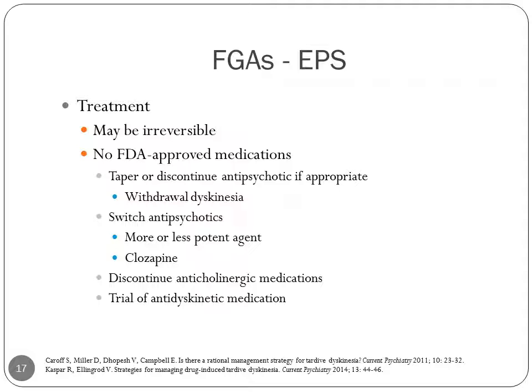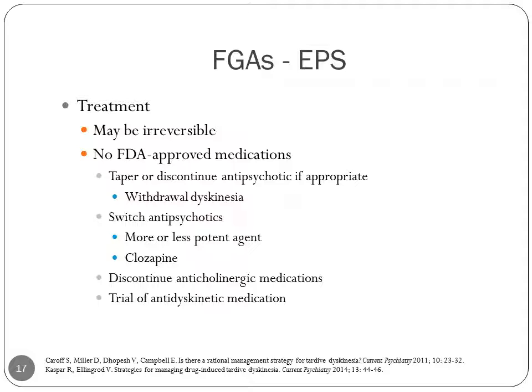We can switch antipsychotics to a more or less potent agent. More potent antipsychotics like haloperidol can suppress tardive dyskinesia in patients with severe symptoms, but this is actually considered by many to be inappropriate because of the long-term impact on tardive dyskinesia, and the safety is unknown.